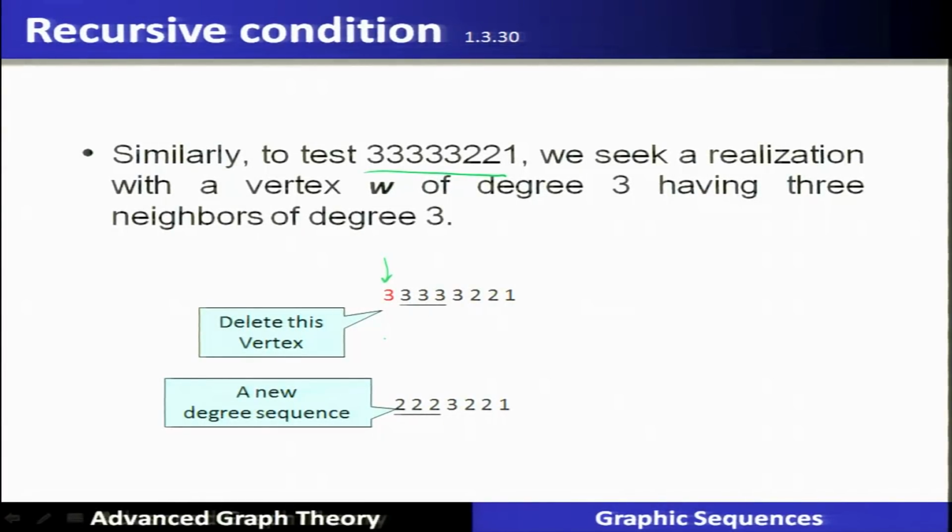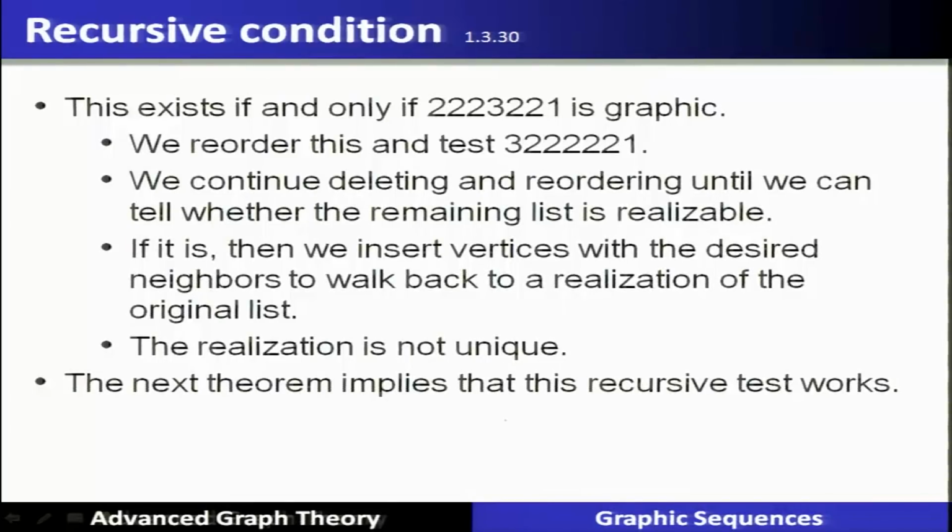If we delete this vertex and reduce the degree of its neighbors by 1, we will obtain another sequence. Let us see whether this sequence is graphic or not. So we reorder it and continue doing it. 3 is the highest degree and we choose 3 of its neighbors, and once we delete it, we will obtain 1 1 1 2 2 1.